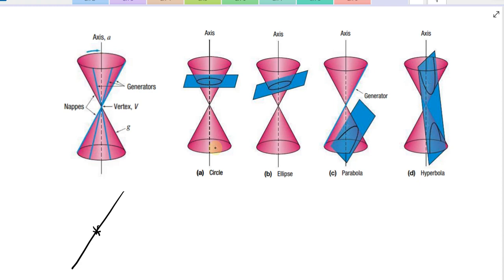Since this is a line, theoretically it goes indefinitely in both directions. If you look at this line segment here, suppose this is the axis of rotation of the generator, and imagine revolving this generator either clockwise or counterclockwise, it doesn't matter.